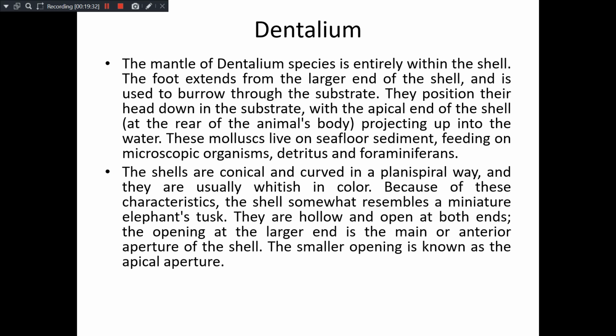Because of that, the shell resembles a miniature elephant tusk. But they are hollow at both the ends, and the opening at the larger end is the main or anterior aperture of the shell, and the smaller opening is known as the apical aperture or the posterior aperture.